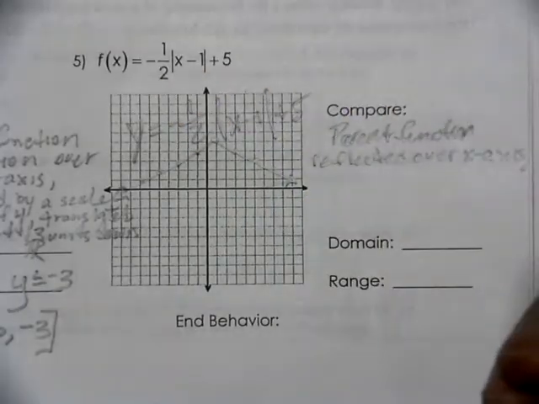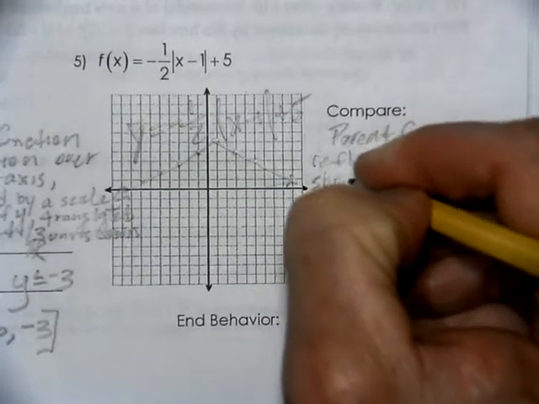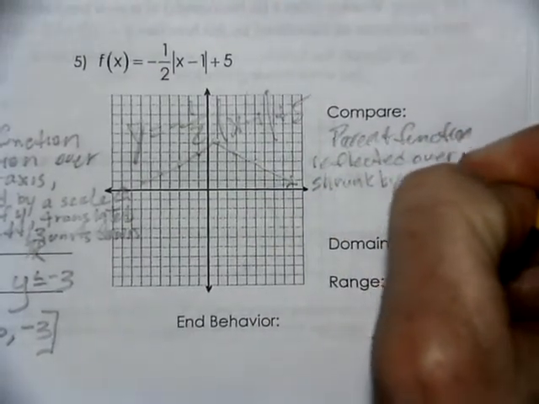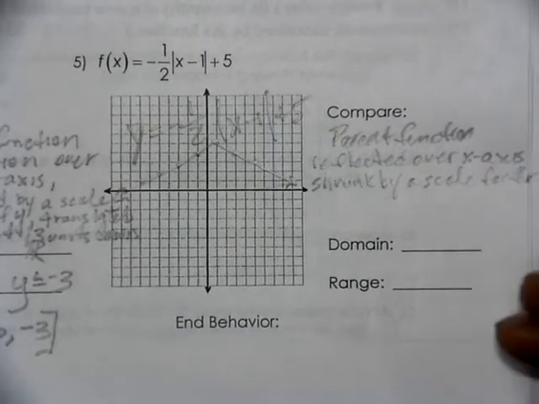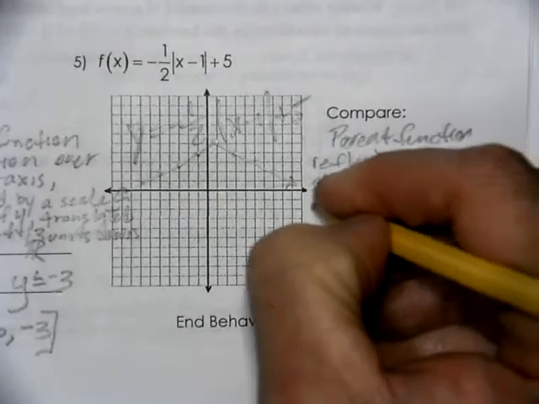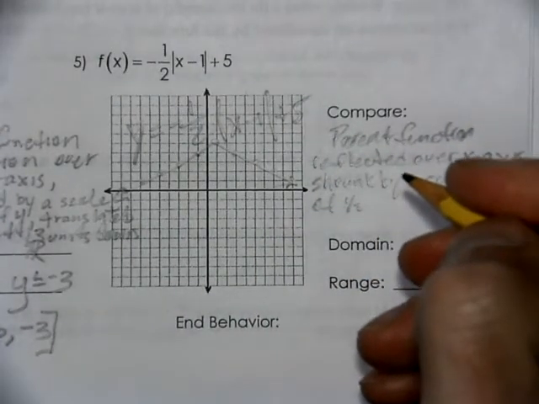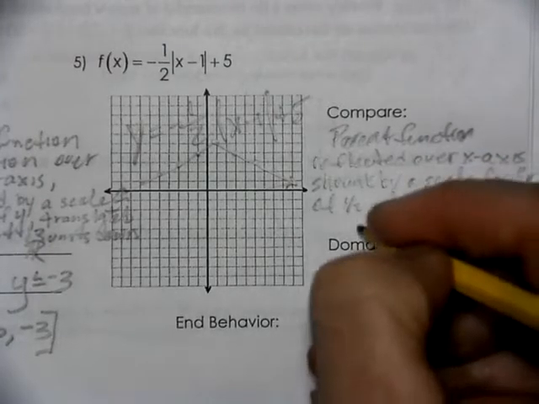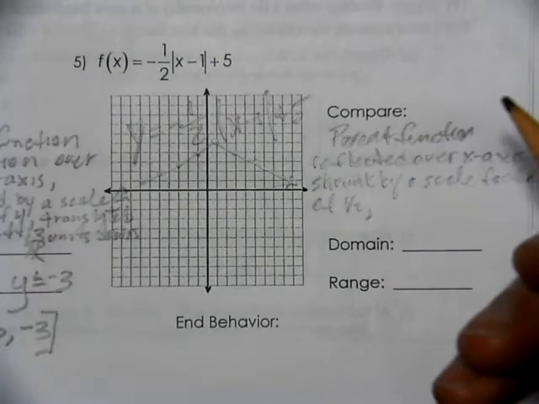It shrunk by a scale factor of 1/2. And it's translated 1 unit to the right and 5 units up.